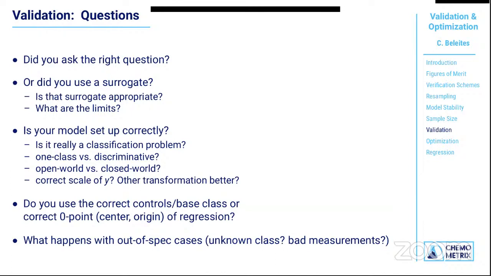Also, it's important to double check whether your model setup is actually appropriate for the situation. Or did you learn something meanwhile that tells you that, well, maybe this wasn't a classification problem at all. I've had tumor diagnosis data, grading.